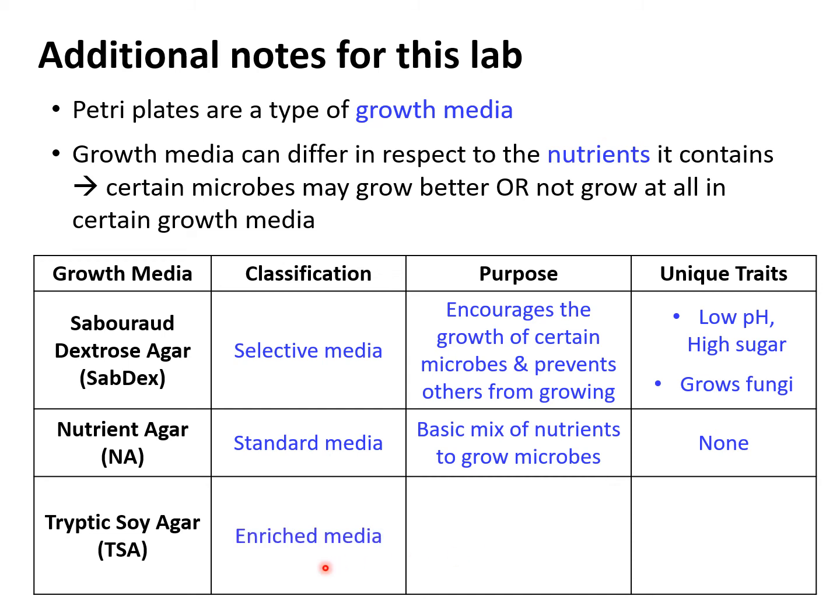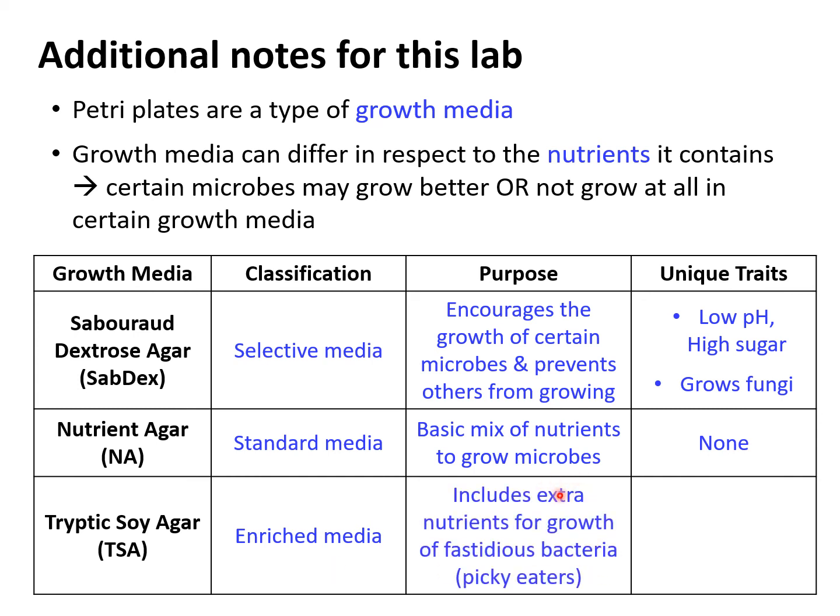There's another one called tryptic soy agar, or TSA. TSA is what we refer to as enriched media. It's enriched because it has some extra nutrients, and we usually use a media that has extra nutrients when we're trying to grow bacteria that are pretty picky eaters.